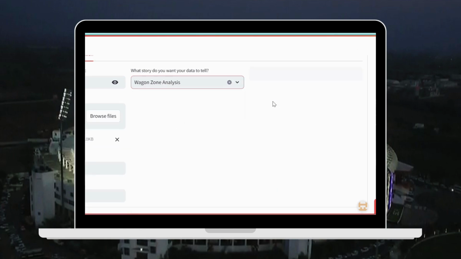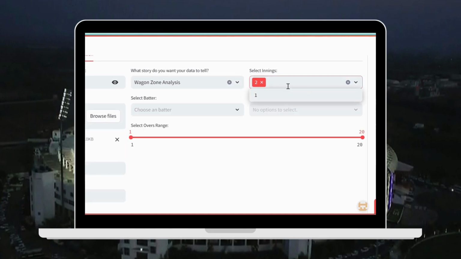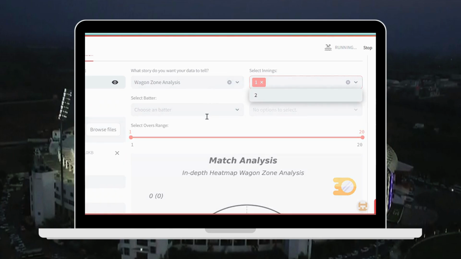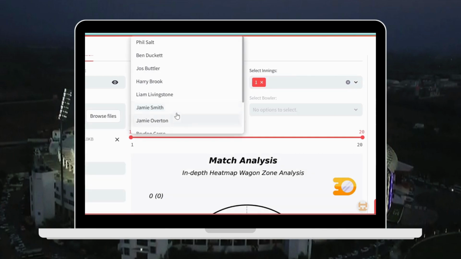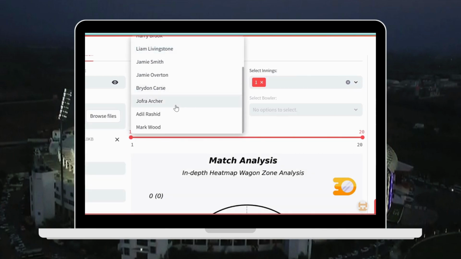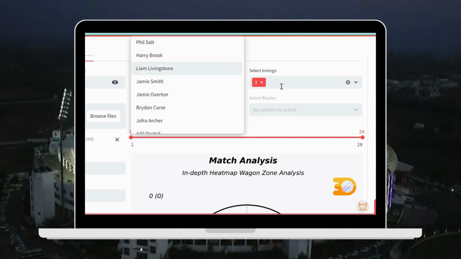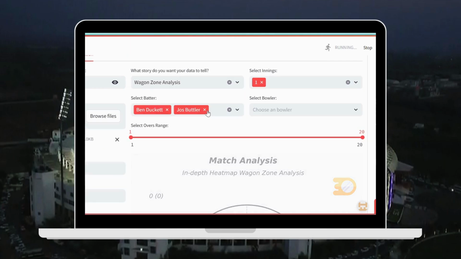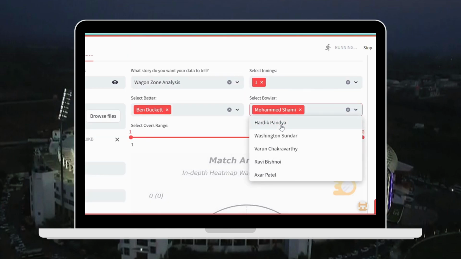Let's move on to the wagon zone analysis now. Let's choose the first innings, and the only batter to have hit a 50 yesterday was Ben Duckett of England, the opener. So let's choose Ben Duckett against every Indian bowler.